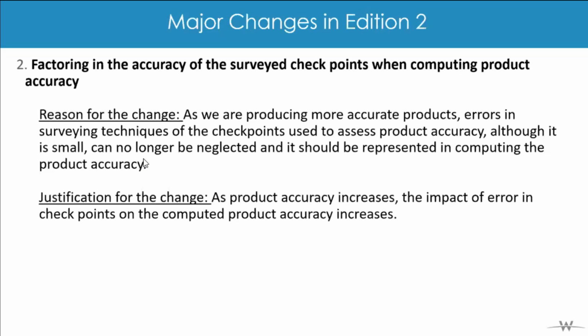Our accuracy started improving from 32 feet to now LiDAR giving us 2 or 3 centimeters, or 3 or 4 centimeters from aerial LiDAR, for example. While if you look at our RTK survey technique, the best can give us 2 centimeters vertical.